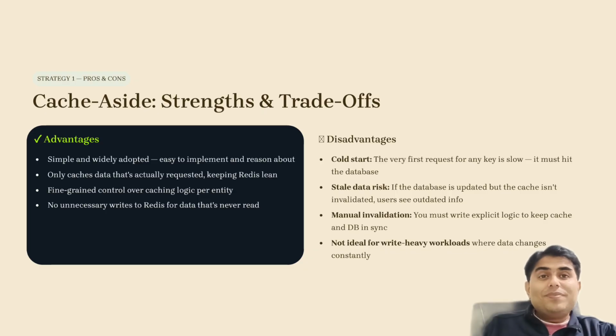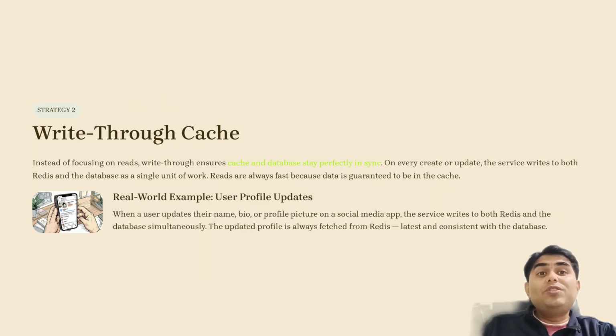So the next strategy is write through caching. First we discussed cache aside, and now we discuss write through cache. Let's see another strategy: whenever data changes, update the database and Redis both together. For example, a user changes their profile picture.